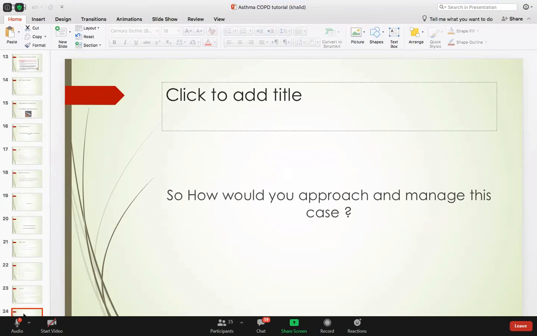So what's left after the history? It's the physical examination. What kind of signs are we going to try to identify in the physical examination of someone with a possible COPD exacerbation?